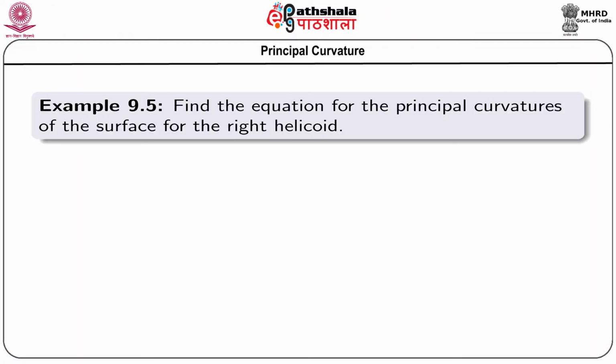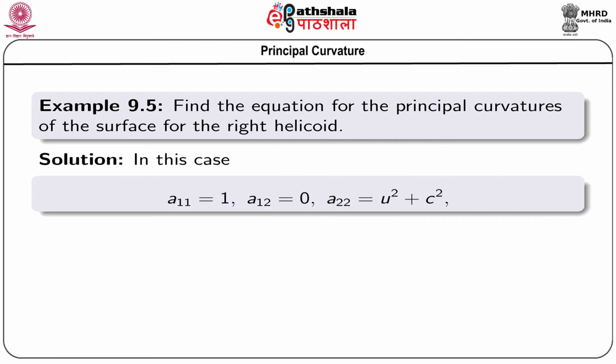Now, let us see the equation for the principal curvatures of the surface for the right helicoid. Now, the right helicoid has the equation r equals to (u cos v, u sin v, c v). For this one we have obtained these quantities earlier, so we have not given the derivation here.